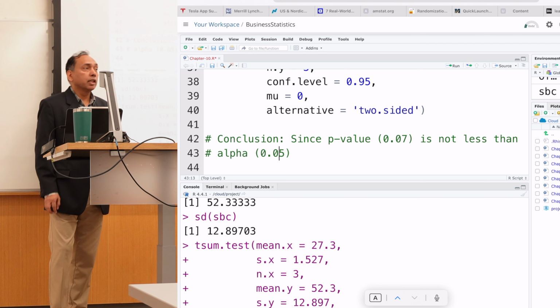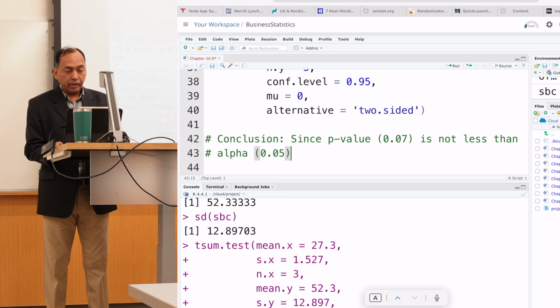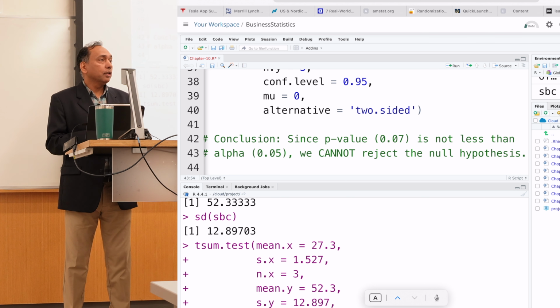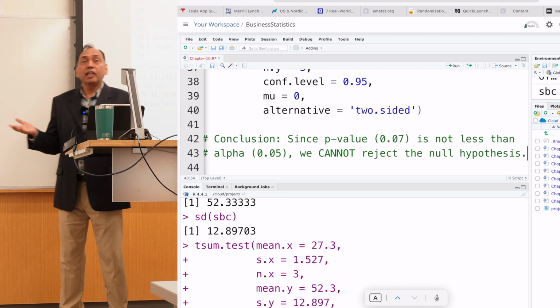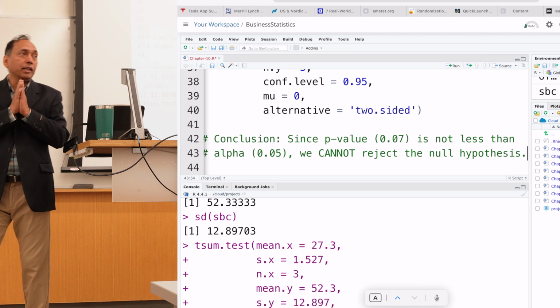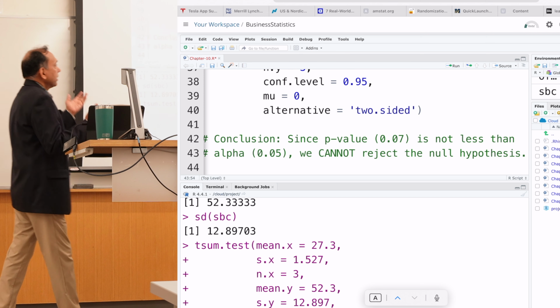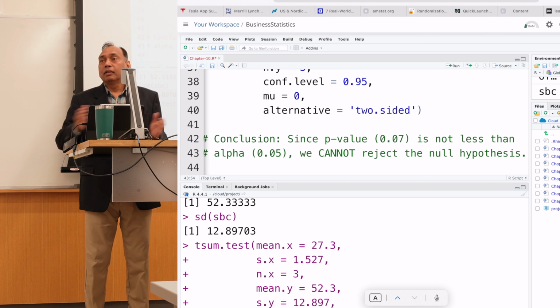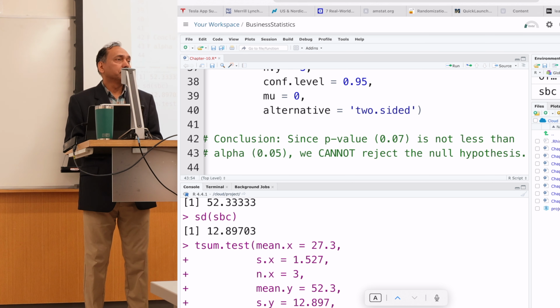So 7 is not less than 5, obviously. We cannot reject the null hypothesis. When we conclude for the null hypothesis, we say that there is no evidence in the data, because everything depends on data. So based on data, we cannot reject the null hypothesis, meaning they are similar.